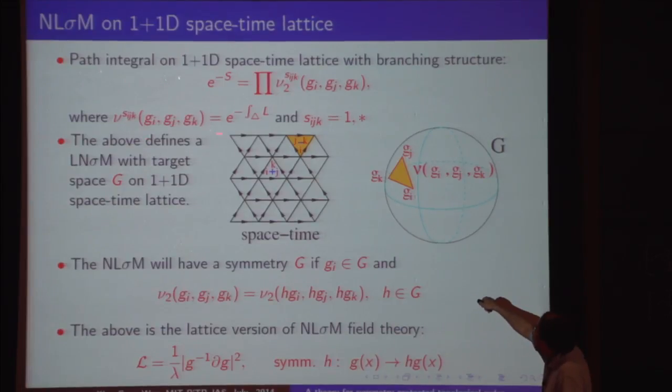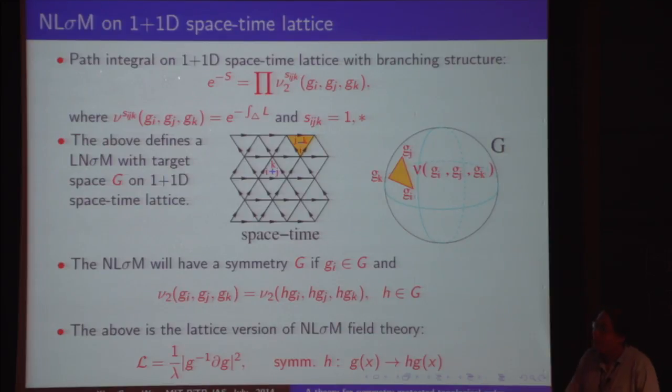So this nu of Gijk is just the amplitude for each triangle, where the G's are group elements living on the vertices. This choice of nu of Gijk is like a choice of Lagrangian. We say we have a Lagrangian whose integration on the triangle is given by this function. That's it.